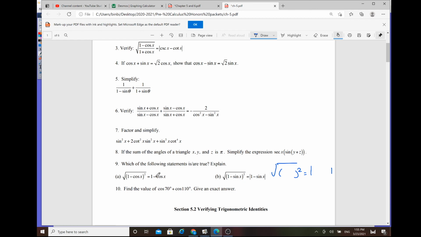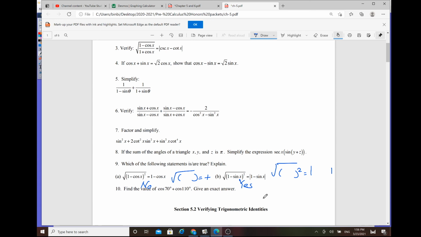So this one is saying that it's just being negative. If you see anything radical with the square root, it's always considered positive. So to make sure it's positive on the right hand side, we need to put in the absolute value. So this one, no, but this one, yes. This one is not true, but this one is always true.